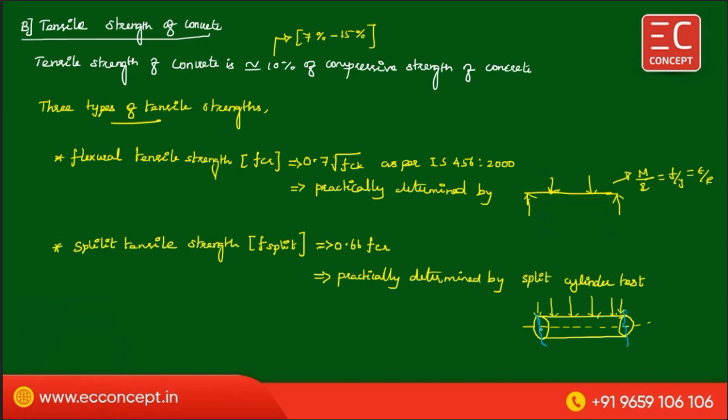The strength corresponding to this transverse direction is the split tensile strength. Because the cylinder splits into two halves in the longitudinal direction, the split tensile strength is measured. This is practically, but 0.66 FCR is from the code.